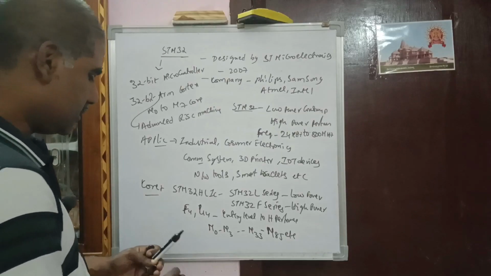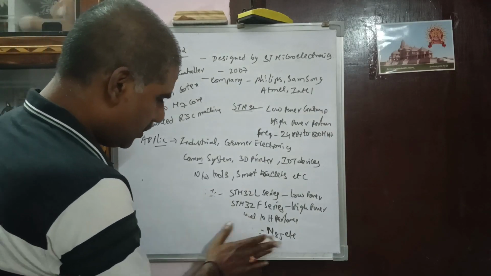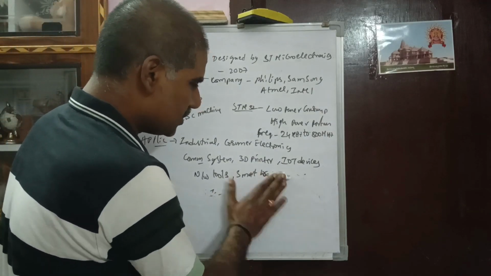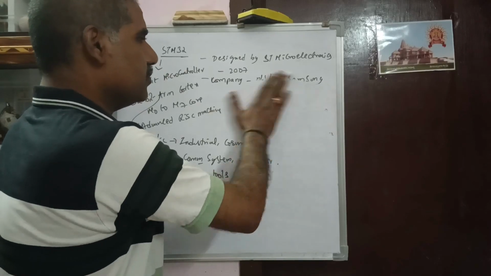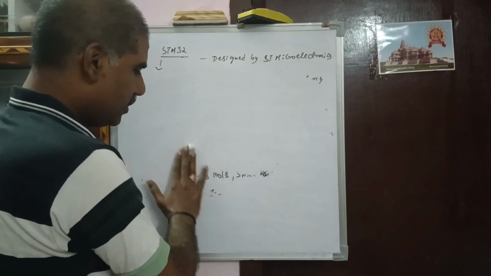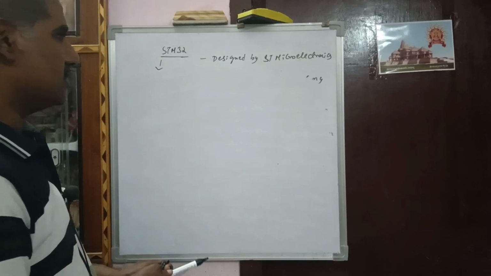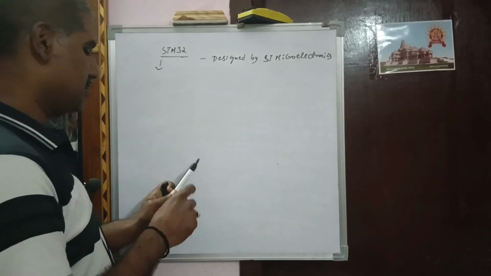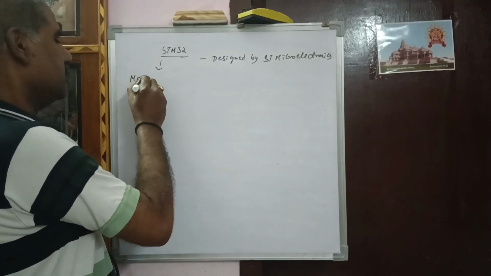Okay. Next, I am giving the basic architecture parts of STM32. This is the basic introduction. In basic architecture, first it comes under memory structure.